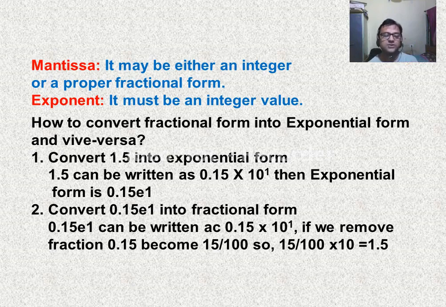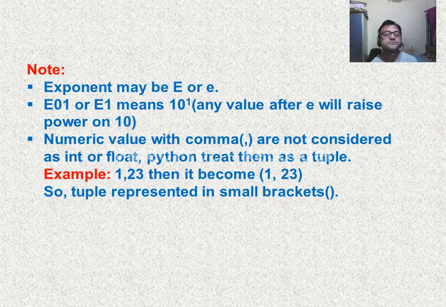If 2 is given there, then we use 10 to the power 2, and for -1, then 10 to the power -1. So if we remove the fractional form, 0.15 mathematically becomes 15 by 100. So we represent this equation like 15 by 100 into 10. When we divide and calculate, then it will be 1.5.